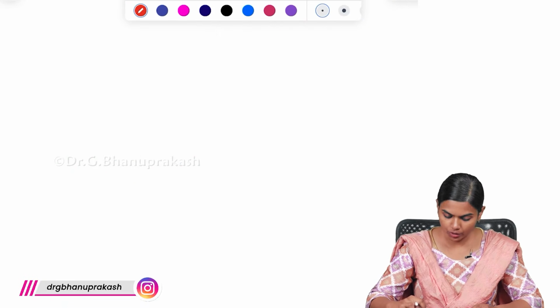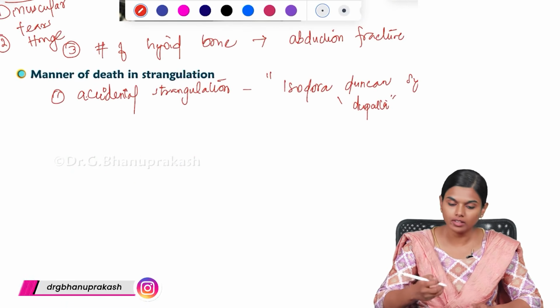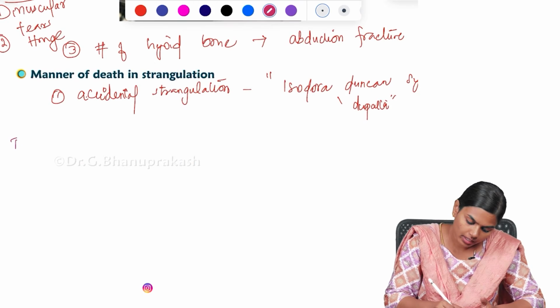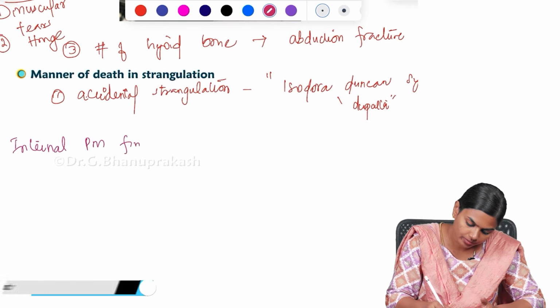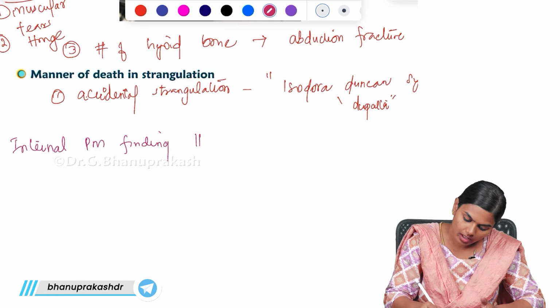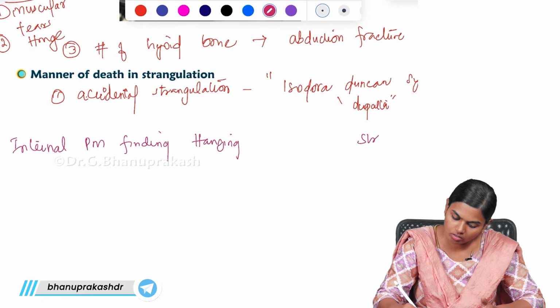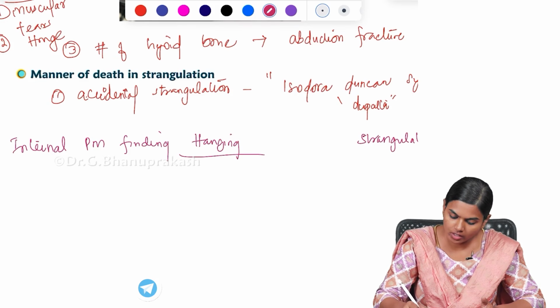And in a few cases they may ask what are the internal postmortem findings in case of hanging and strangulation. So this internal finding also sometimes they will ask. External findings are almost similar.